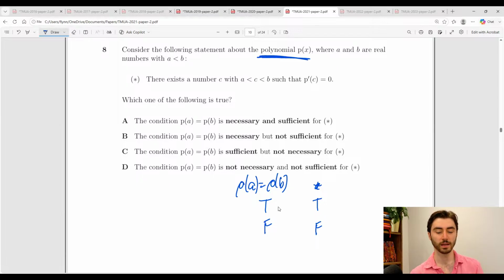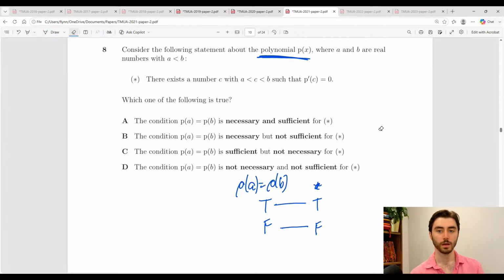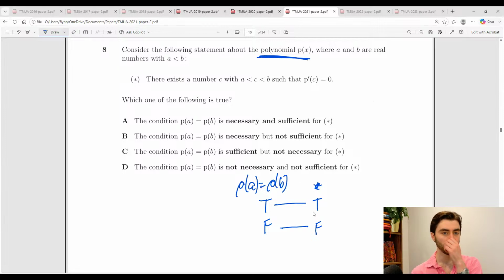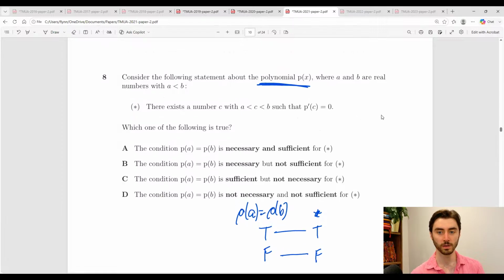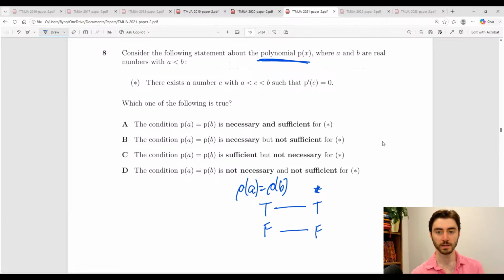So I think it can be: if the values are equal, there can be a turning point in between. True to true exists. If they are not equal, there could not be a turning point in between. That false to false exists. You can have a turning point in between, but these values not be equal, as is the case with this, for instance.